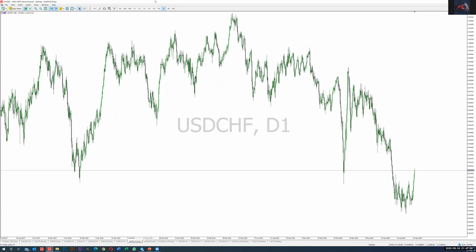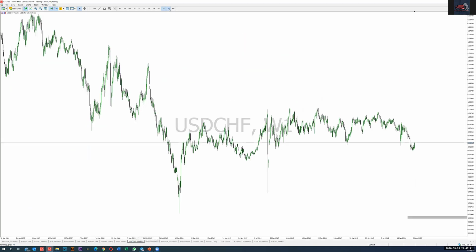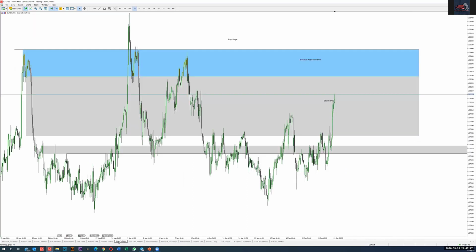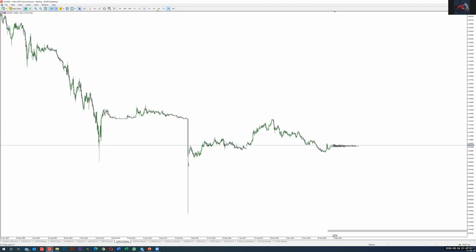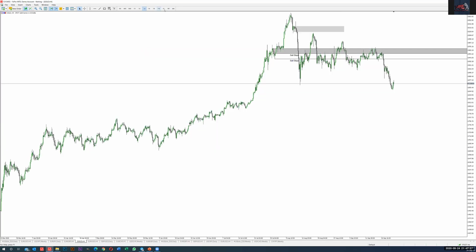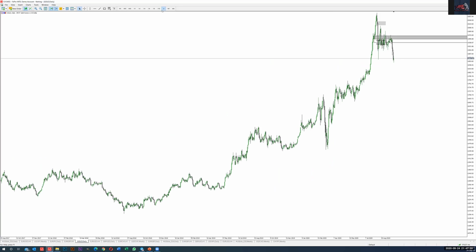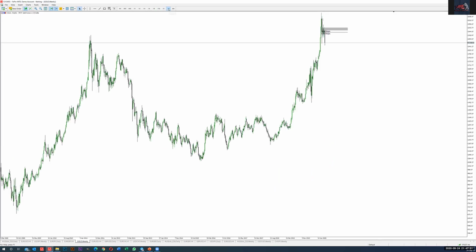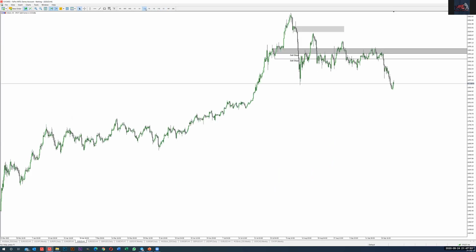Let me see which chart is offering an original zone. We need a market which is trending, whether to the upside or downside. No, there's nothing here. Where's gold? Let's go to gold. Weekly. Nope, there's nothing there.